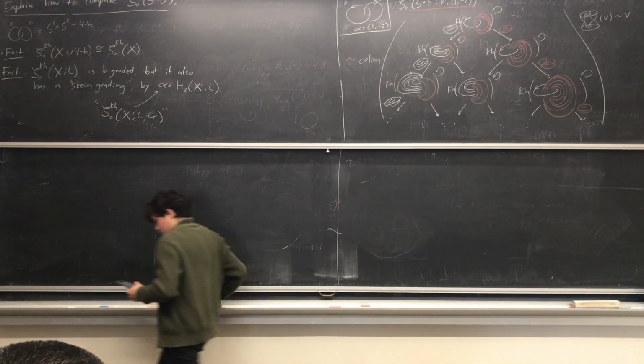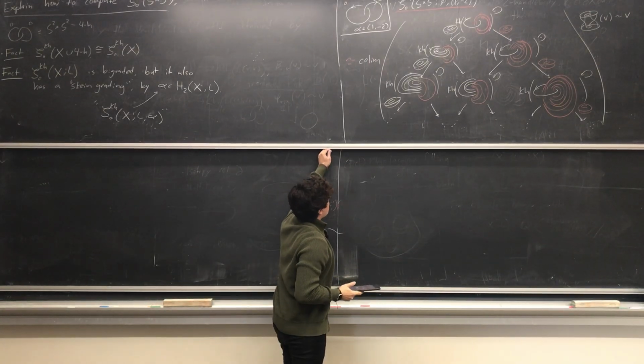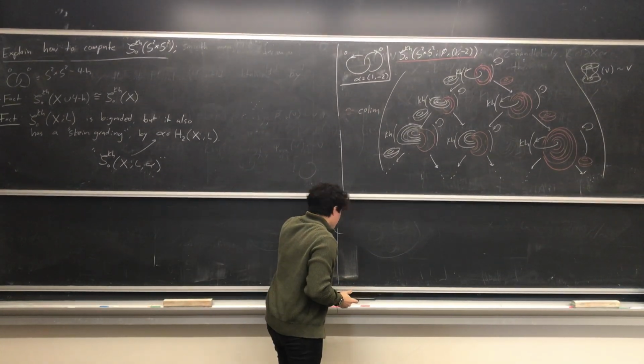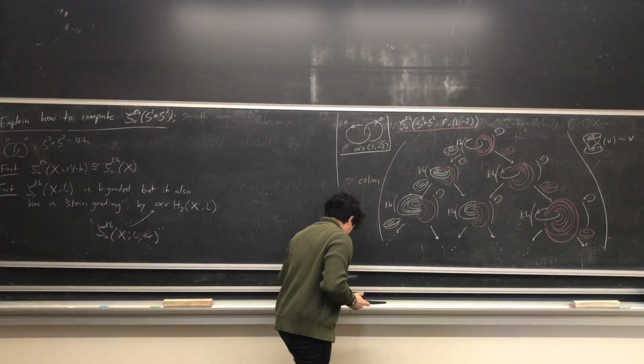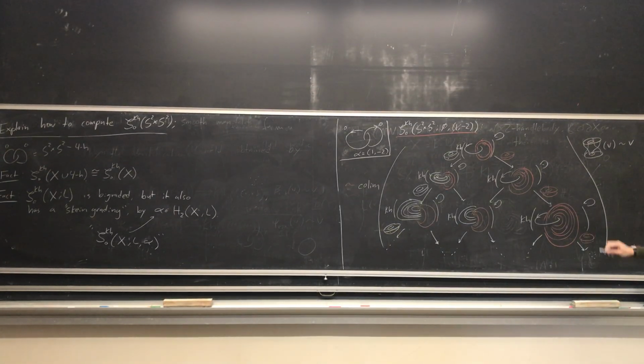But we can break this problem down. There's one way to make this big directed system and its colimit simpler.